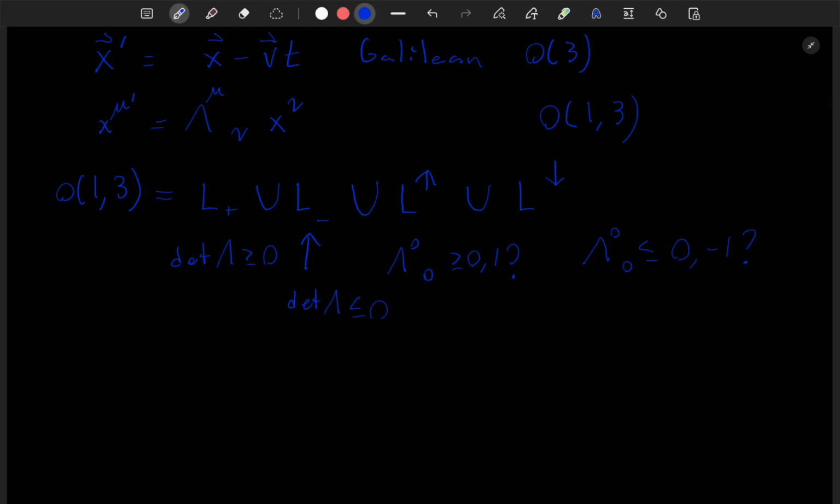What we care about is the proper orthochronous Lorentz group, which is something like this is positive or greater than 1, I can't remember which. And we have a positive determinant. I can't remember if it equals 1, but it's certainly positive.